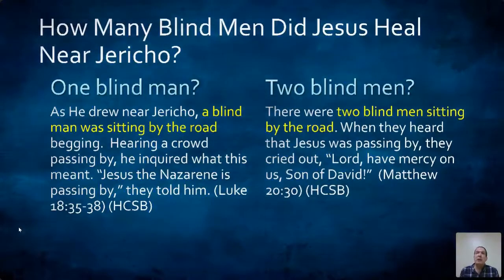To say otherwise would be an argument from silence that Christian apologist Dr. Jason Lyle calls the subset fallacy, where you've got a big number and then there's a smaller number that's a subset of it, and they're not necessarily contradictory. But there's other possibilities. How many blind people did Jesus heal in the course of his ministry? We don't know. He healed a lot of blind people on a lot of different occasions.